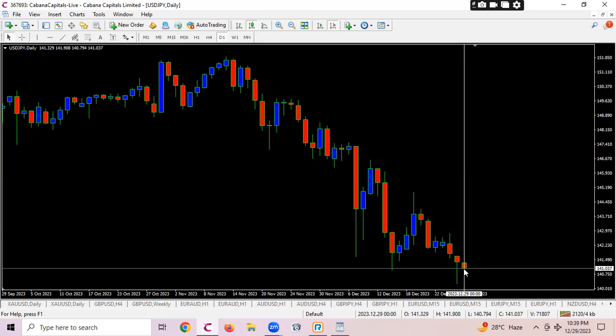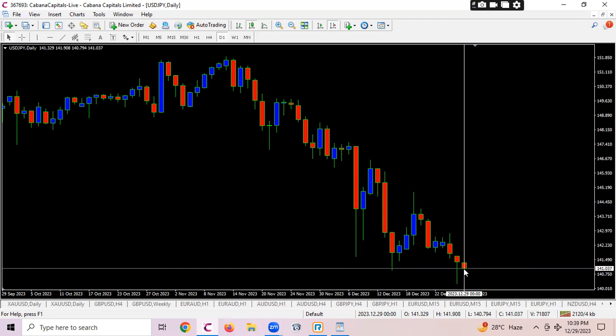Let me repeat that. When a hammer forms in a downward trend, it indicates that the sellers are becoming weaker. They are getting exhausted, and buyers are beginning to show up in the market.